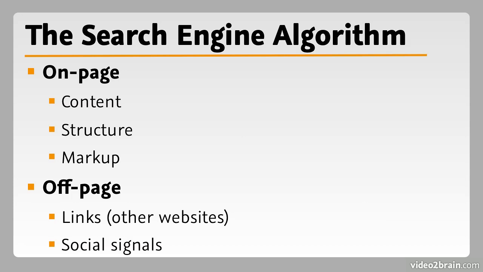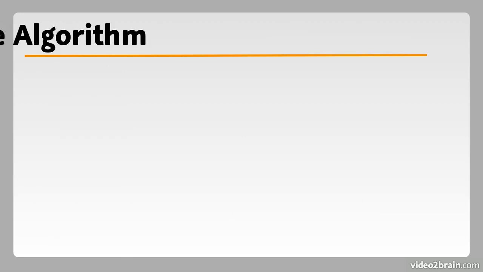Search engines are also taking into account social signals. What is being said about your company or your website in social media, and what types of links are going back to your site from social media posts, tweets, pictures, videos, and so on.